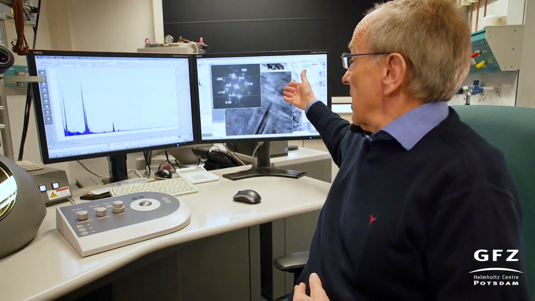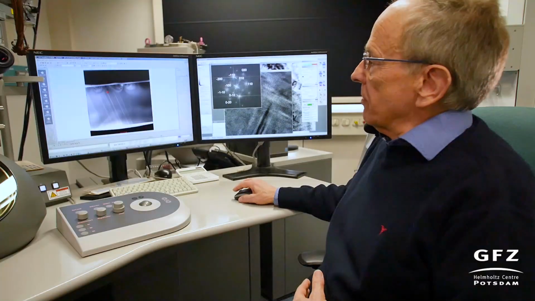These scattering events are used for image formation, as is shown here in the background on one of these screens. A second interaction is that we excite X-ray photons in the sample, and these X-ray photons can be used for chemical analysis of the sample.